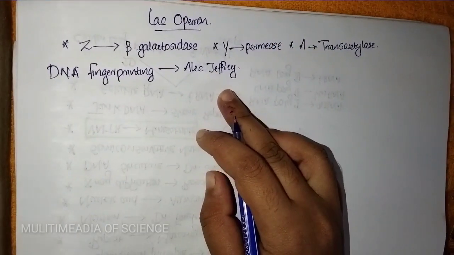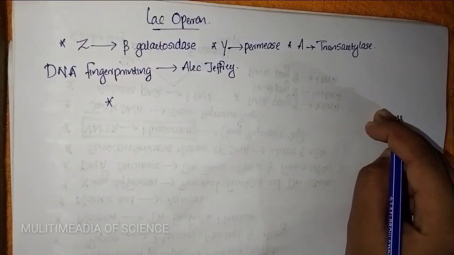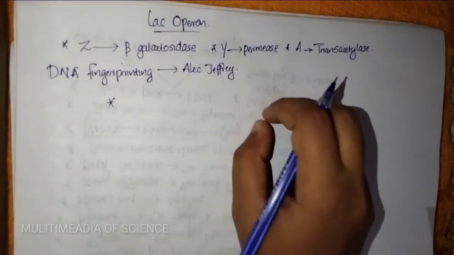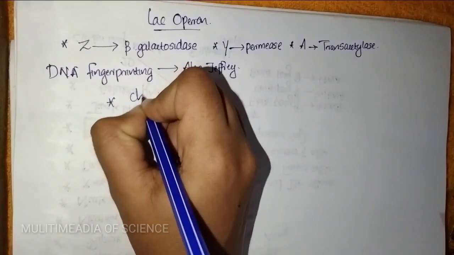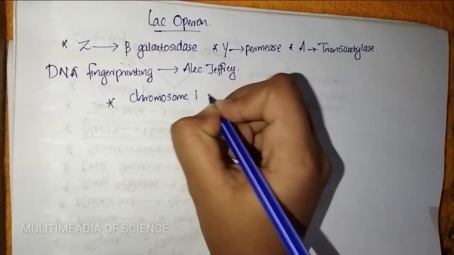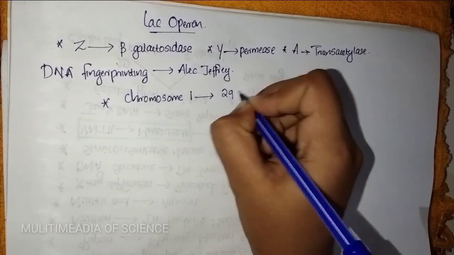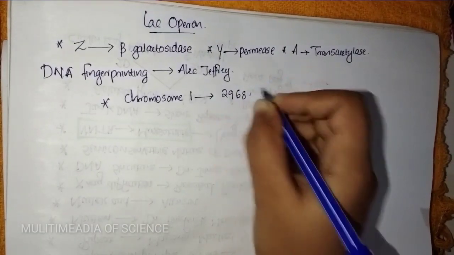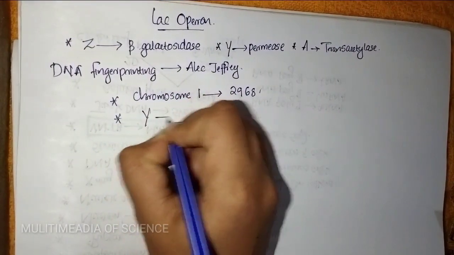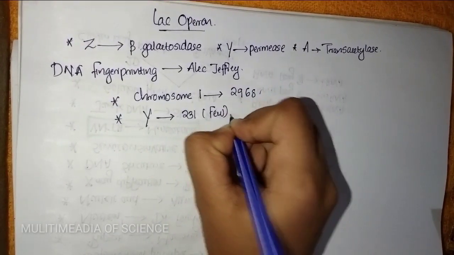Then some point-wise topics from the NCERT lines. Go through those lines and you will come across these points. When we consider chromosome number 1, it has 2968 genes. When we consider the Y chromosome, it has only 231, that is, it has few.